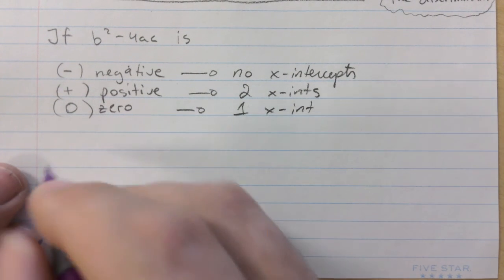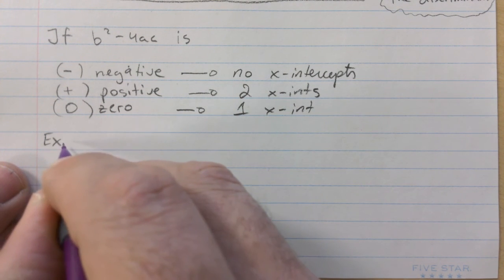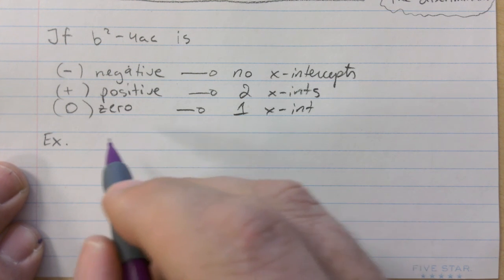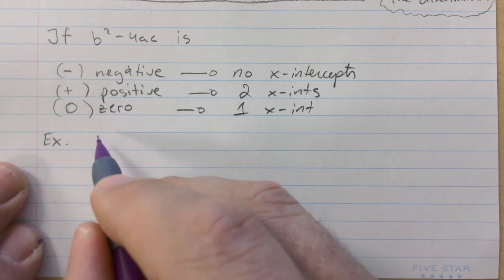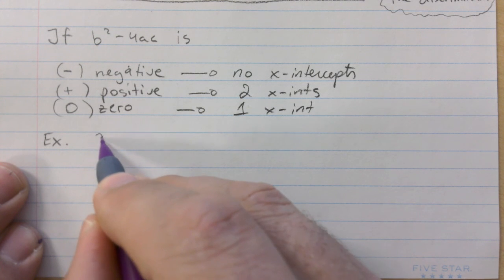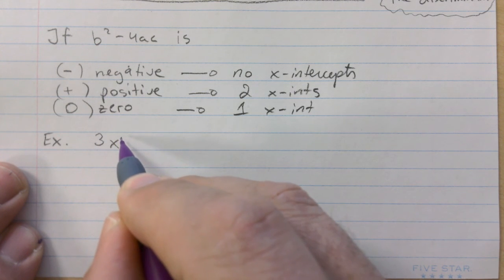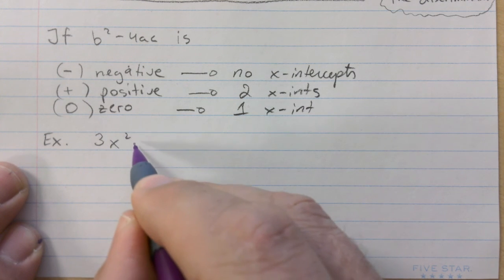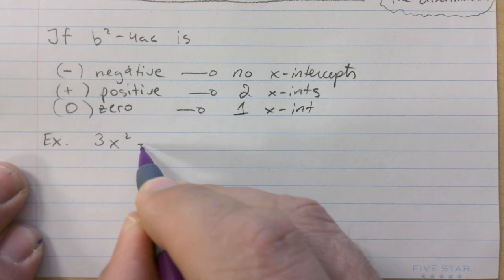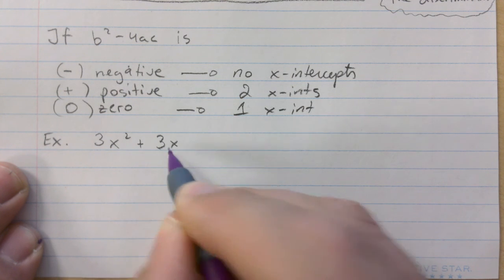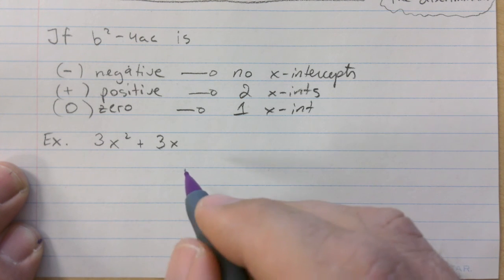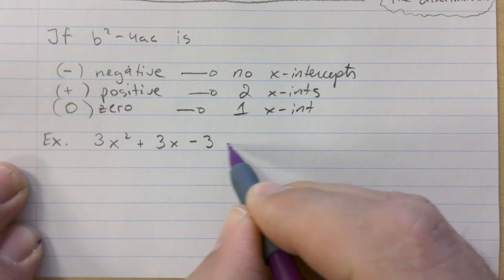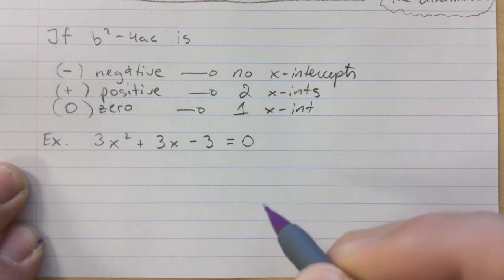So we're going to do examples. Let me do an easier one. 3x squared plus 3x minus 3 is equal to 0.